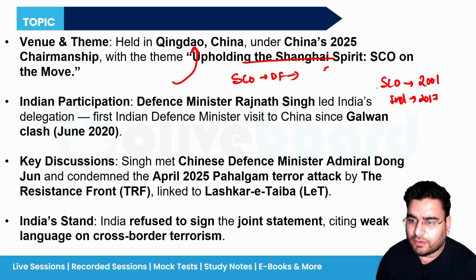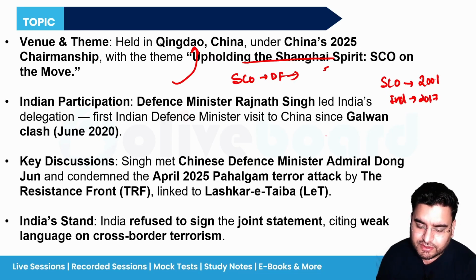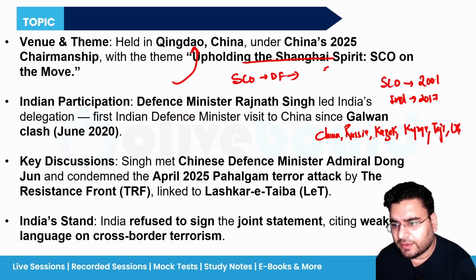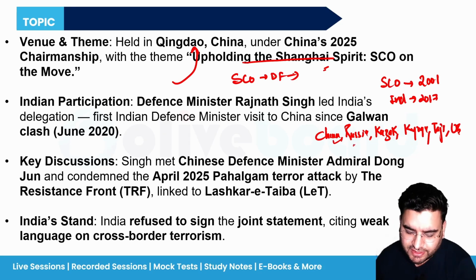So who are the founding members? The founding members of SCO are China, Russia, Kazakhstan, Kyrgyzstan, Tajikistan and Uzbekistan. Except Turkmenistan, all the Central Asian countries are there along with China and Russia.